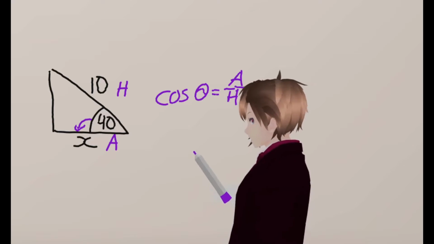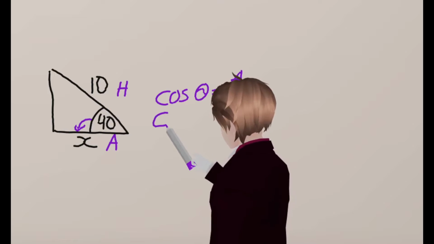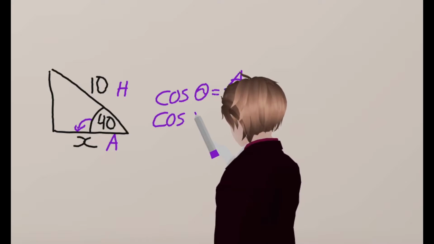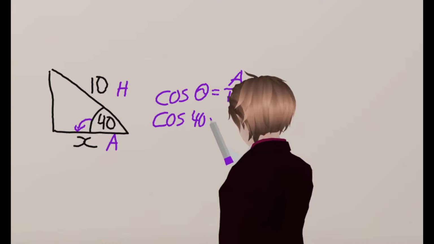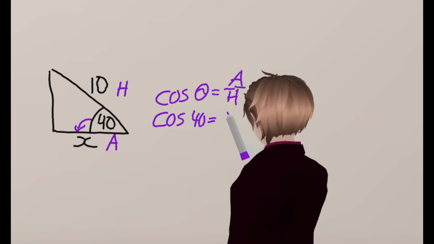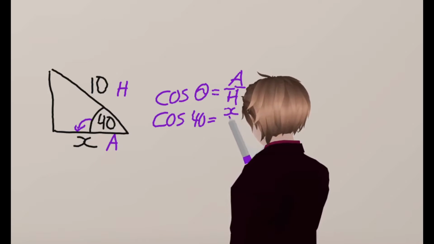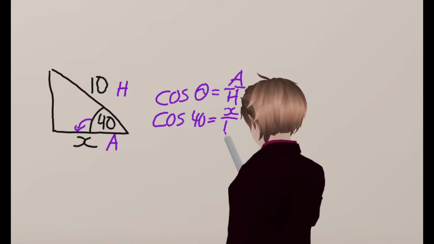Let's put our numbers in. So we have cos 40 is equal to x over 10.